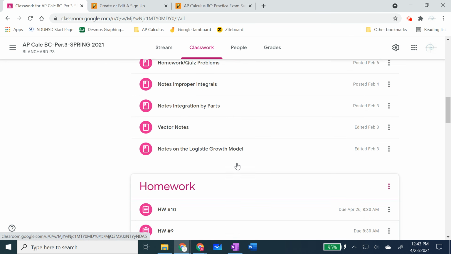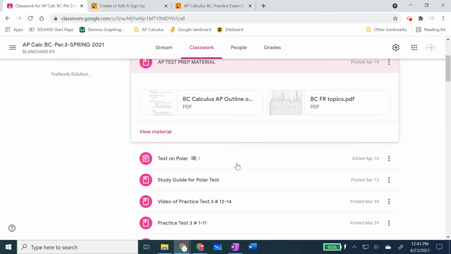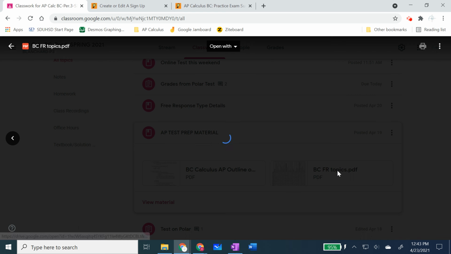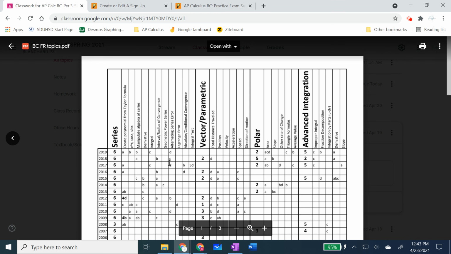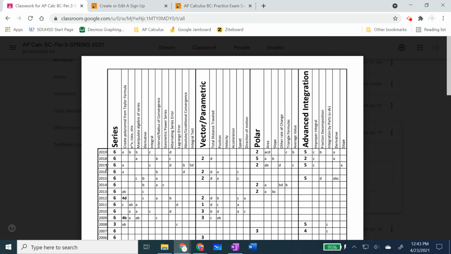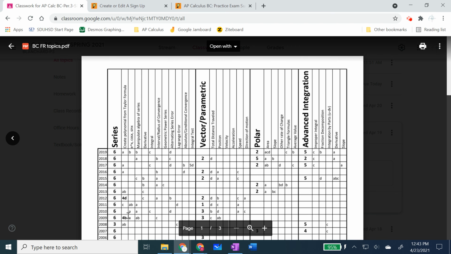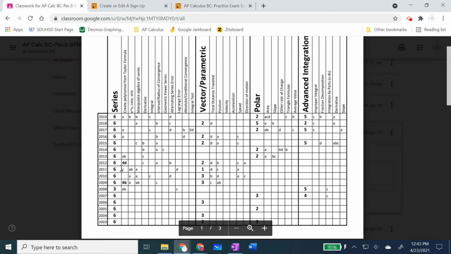Also in this test prep, if you want to look at more free response problems pertaining to a particular topic, this lets you know what year and what problem to go to. There sometimes are overlaps, like here in 2012, number 6 was all series, but problem 4, part D specifically did a little bit in there, so I added that in.